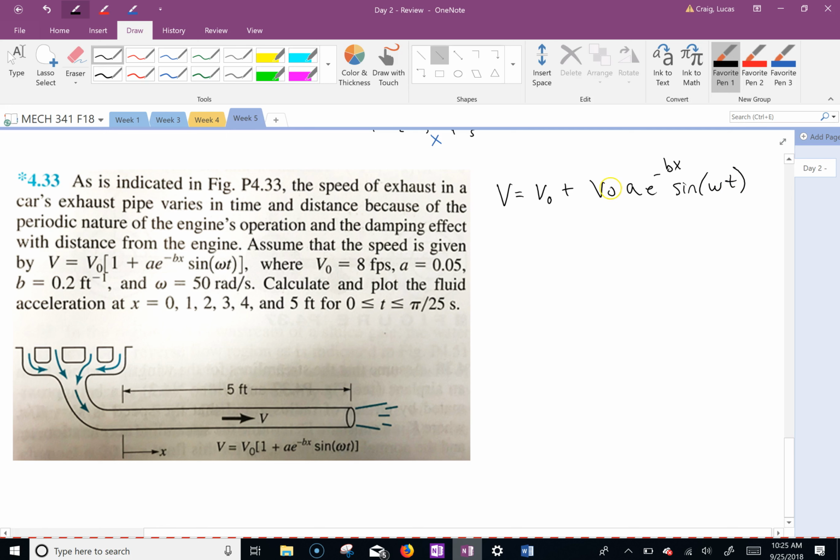So they give you V naught, which is 8 feet per second. They give you these constants A, B, and omega. And they want you to calculate the acceleration for a few points.